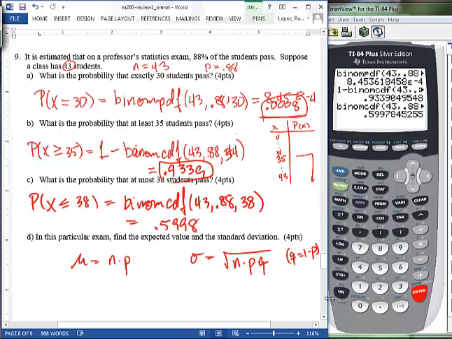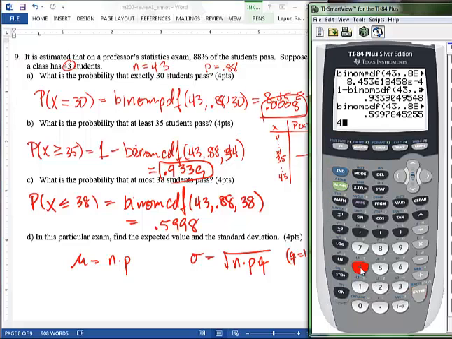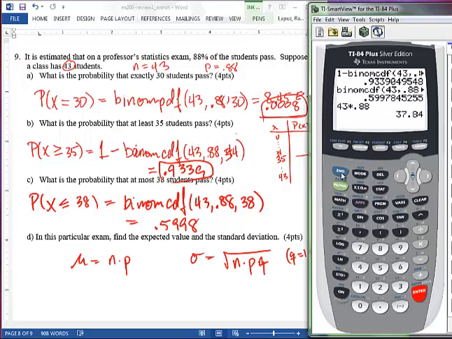So let's take out our calculators. We know all those values already. n is 43 and p is 0.88. And then we get 37.84, and we can get our standard deviation if you press second function and the square button, which is the square root.